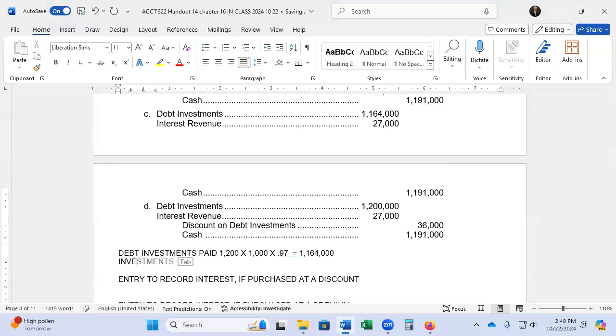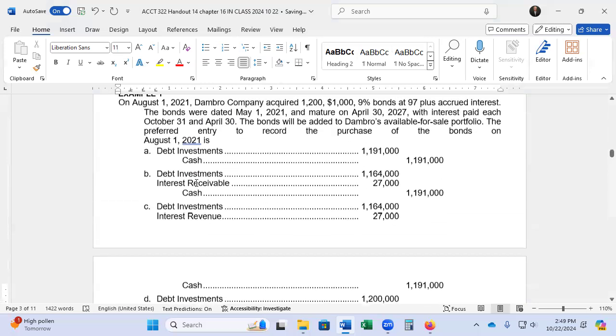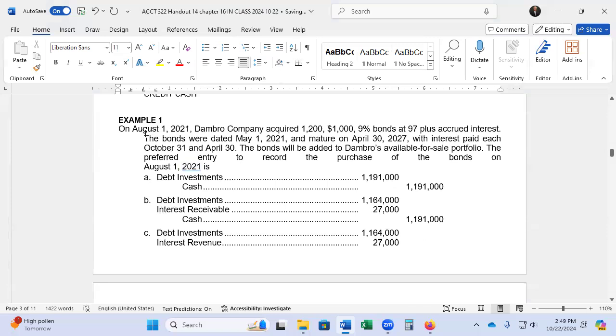Now we have to calculate the interest revenue. And that equals 1,200 times 1,000. So it's 1,200 bonds times their face value, 1,000 each. And we're going to multiply that by 0.09. And then we have to adjust it for the number of months.